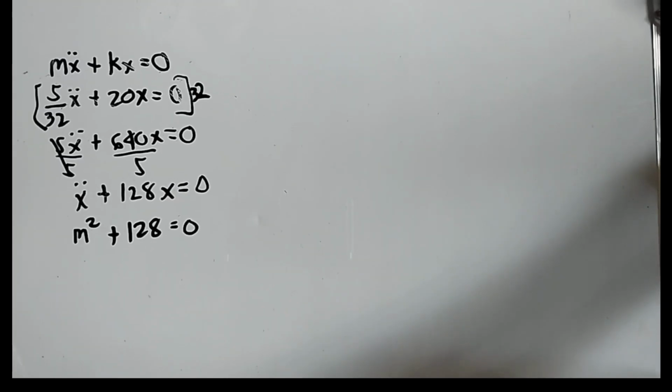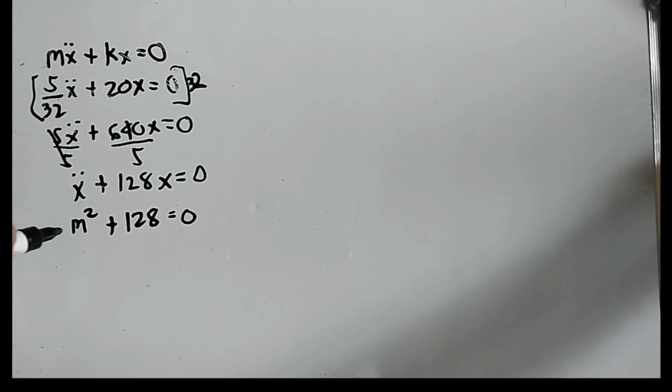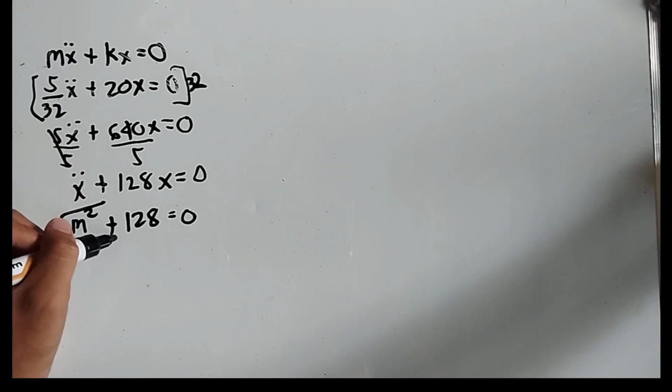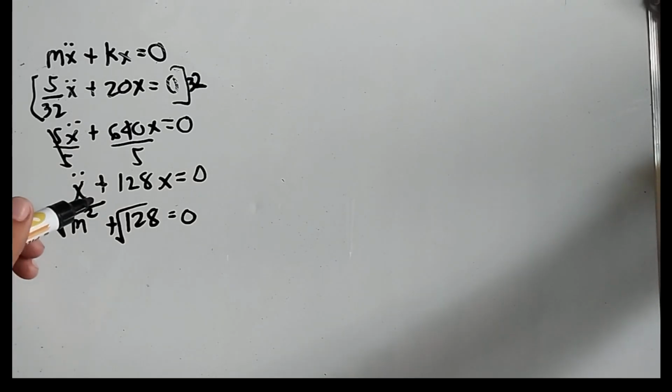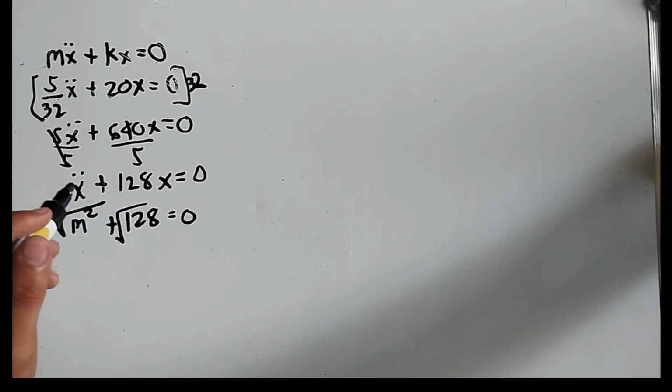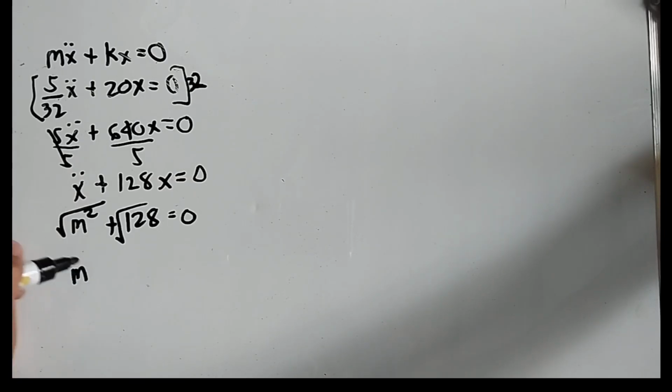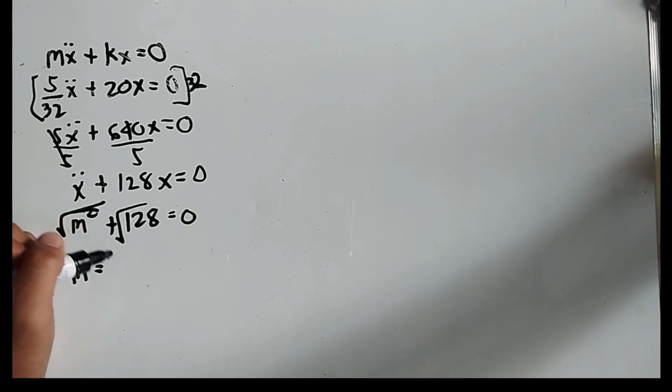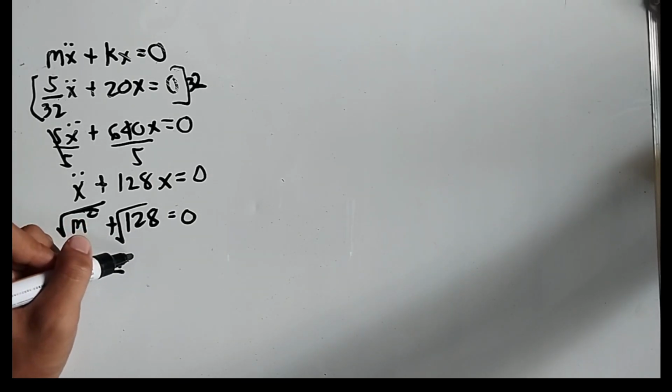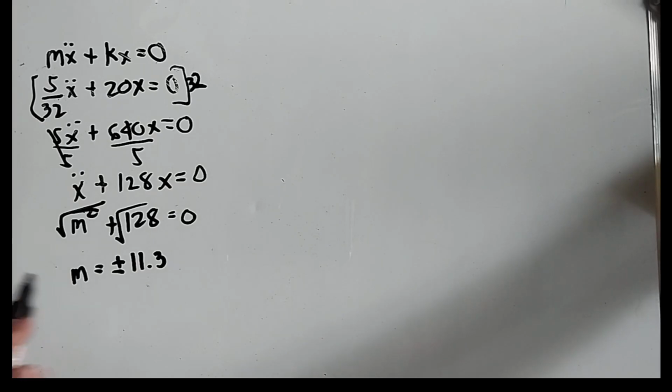Right now we have to find m, so m is equal to the square root of negative 128, which is plus or minus 11.3 i. So we already have the m.